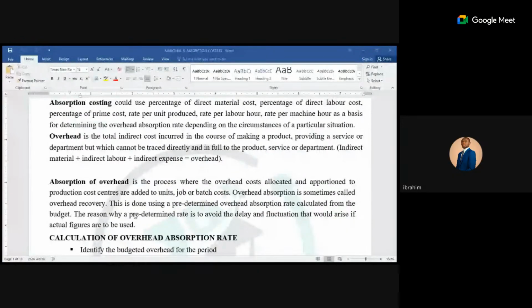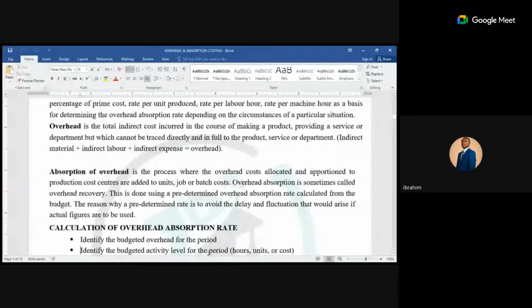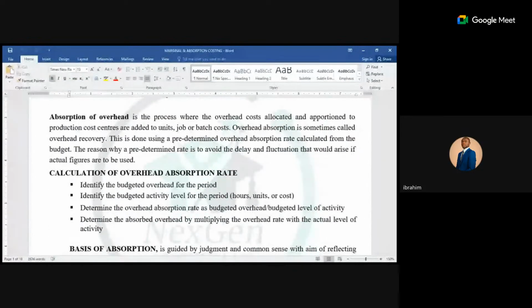Now, how do we determine the overhead absorption rate? We should not forget that it is also known as the predetermined overhead absorption rate. I explained absorption costing.